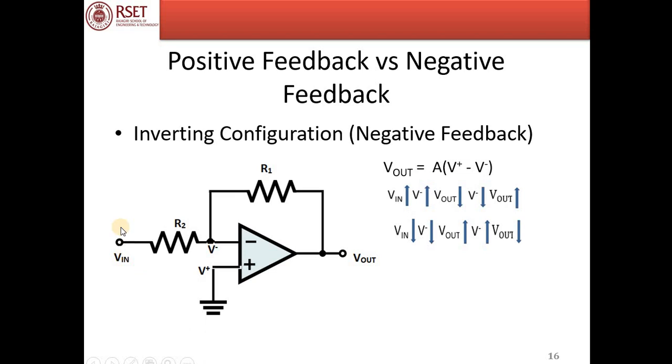That is, again, the circuit reaches a state of equilibrium. This is not the case of a circuit with positive feedback. The output goes on increasing or goes on decreasing. So, the output of an op-amp configuration with a positive feedback is either plus Vsat or minus Vsat.